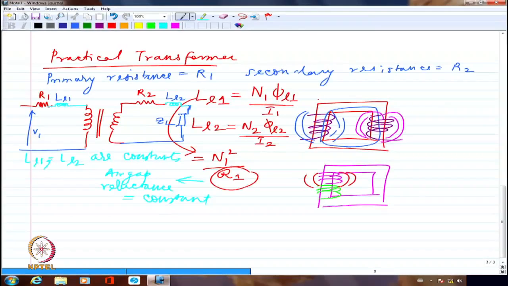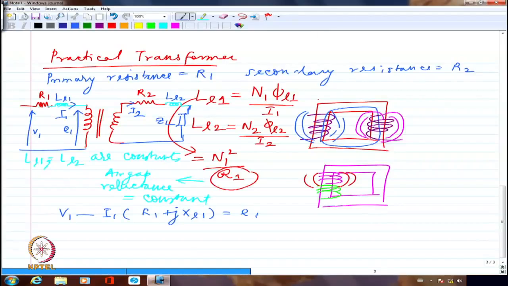Now, whatever is available as V1, I'm going to say that if this is drawing a current of I2, this may be a current corresponding to I1, which will be actually governed by the turns ratio. Right? I1 should be actually governed by the turns ratio because I1 by I2 will be equal to N2 by N1. Now, if this is I1, I'm going to have V1 minus I1 times R1 plus jXL1. That is what is going to be available as E1 here.